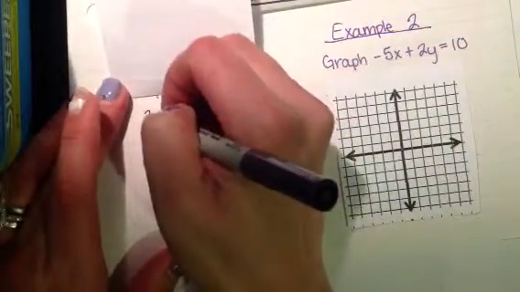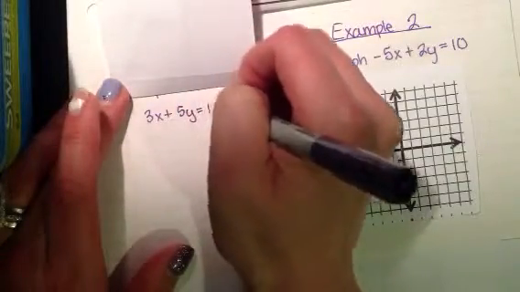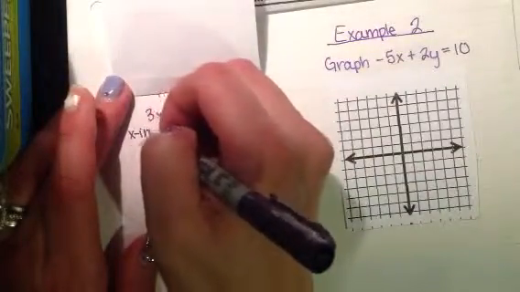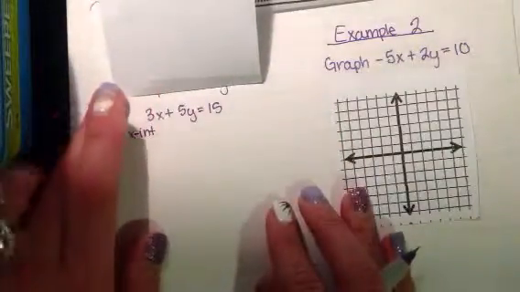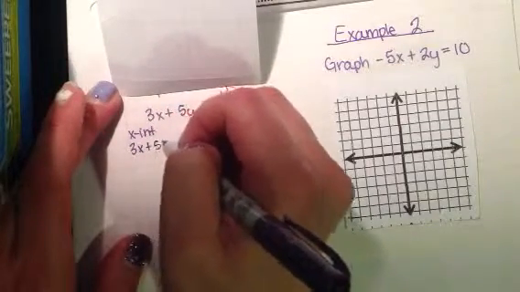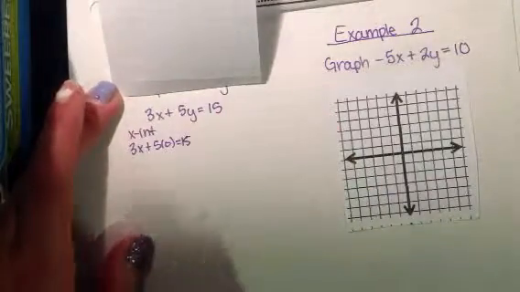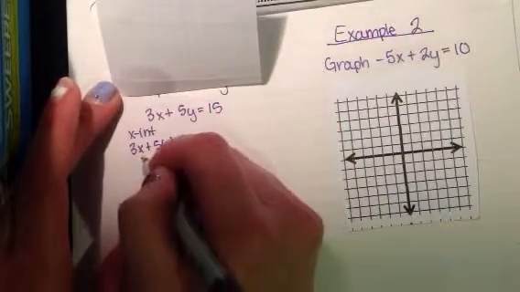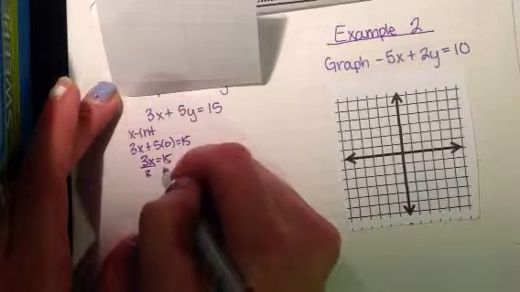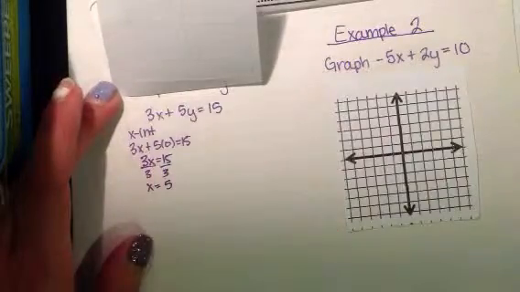It is 3x plus 5y equals 15. Now to solve for our x-intercept, we must plug 0 in for the y value. So we get 3x plus 5 times 0 equals 15. 5 times 0 is 0, so I just have 3x equals 15. Divide both sides by 3, x equals 5.